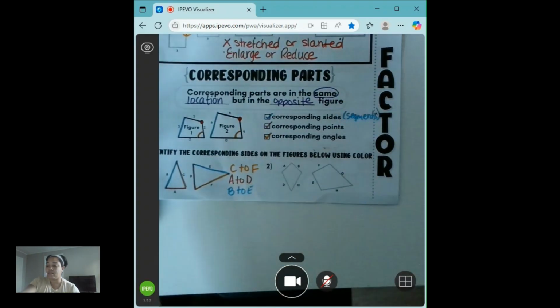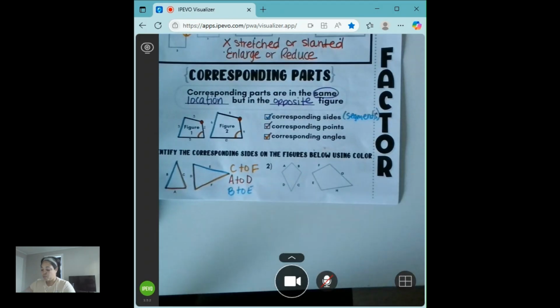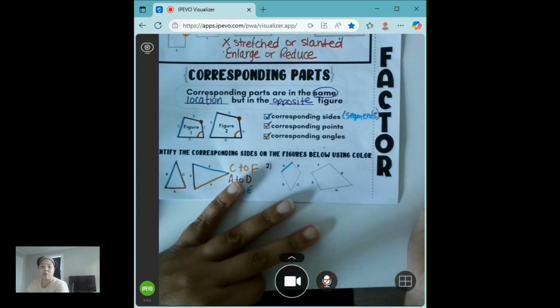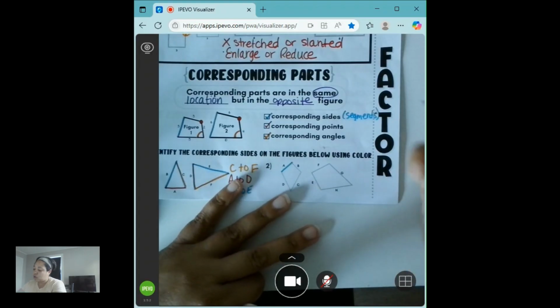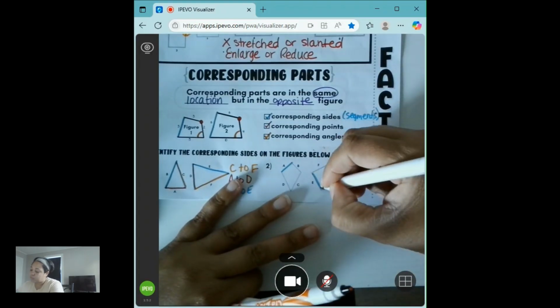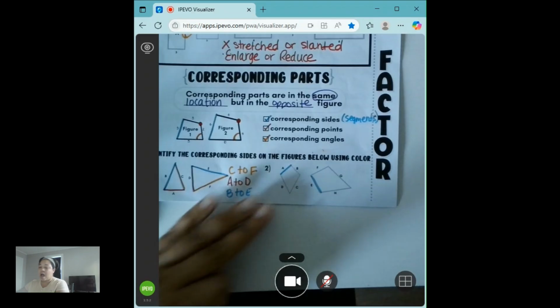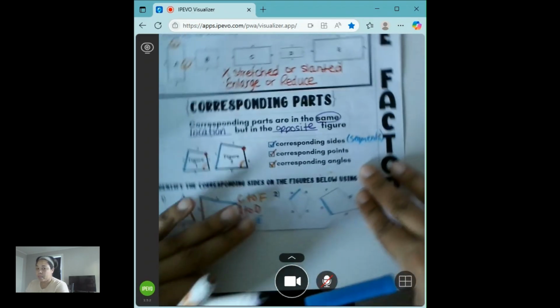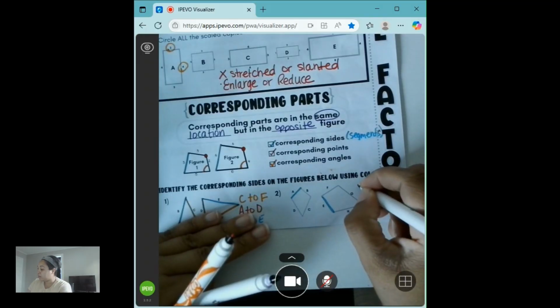So we're going to identify our sides. So let's say side A, which is on the top left side, needs to correspond with E, which is on the top left side, if I take my paper and rotate it back. So this is A to E.